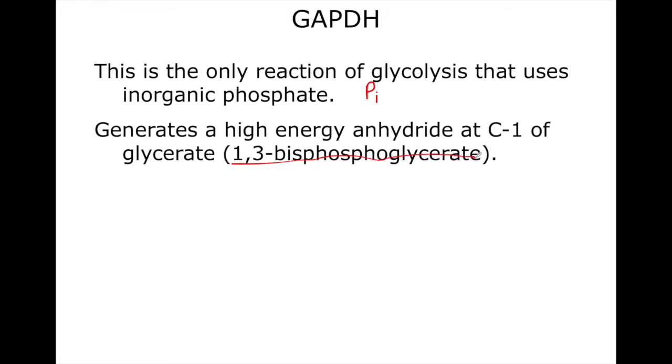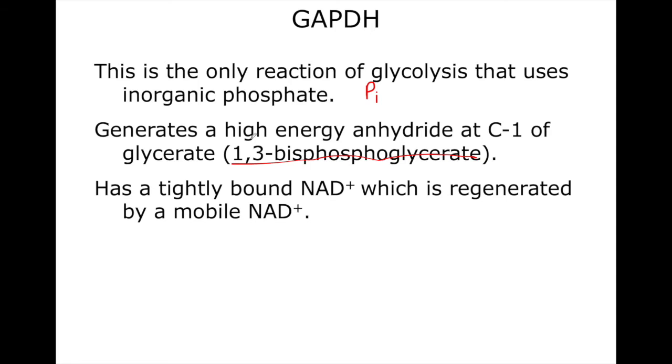So 1,3-bisphosphoglycerate is the compound that's generated, and it is a very high energy compound. I'll say more about that in a second. And as I mentioned previously, this enzyme has a tightly bound NAD+, which is regenerated by a mobile NAD+. So make a note of that, and we'll discuss it more here in just a second.